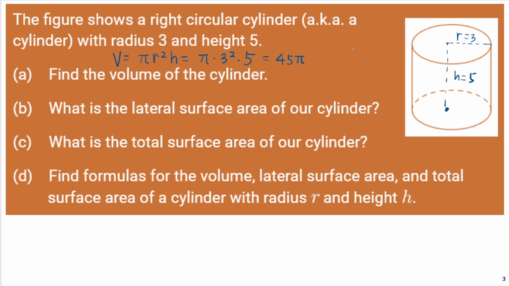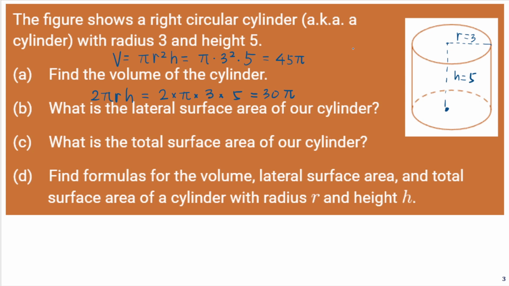Second question, what is the lateral surface area of our cylinder? So this is given by 2 pi r h, right? And that's 2 times pi times 3 times 5, which is 30 pi.